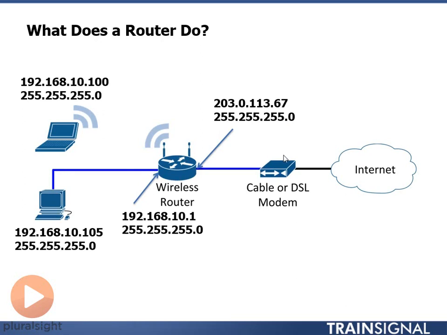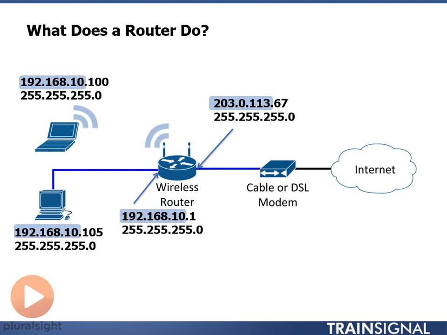If we look at the networking here, unless you have some unusual or obscure setup in your home network, we're going to find that the network portions of all three of these devices, the laptop, the wired PC, and the inside interface of our wireless router, are all going to be identical.